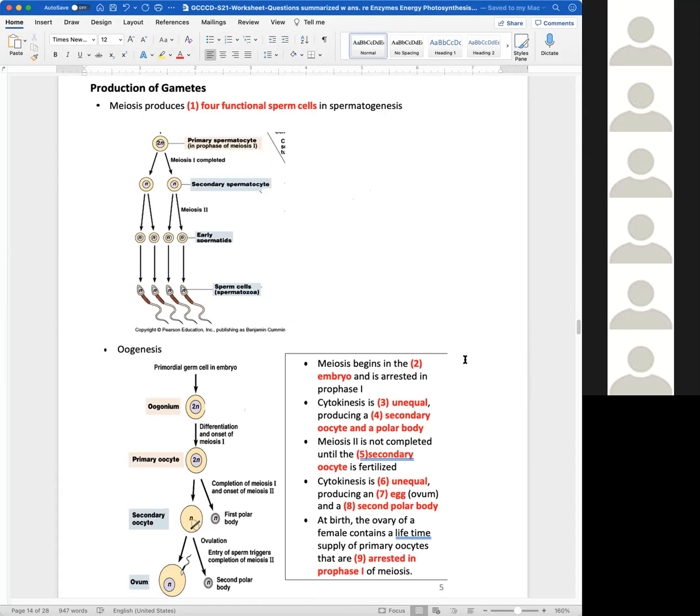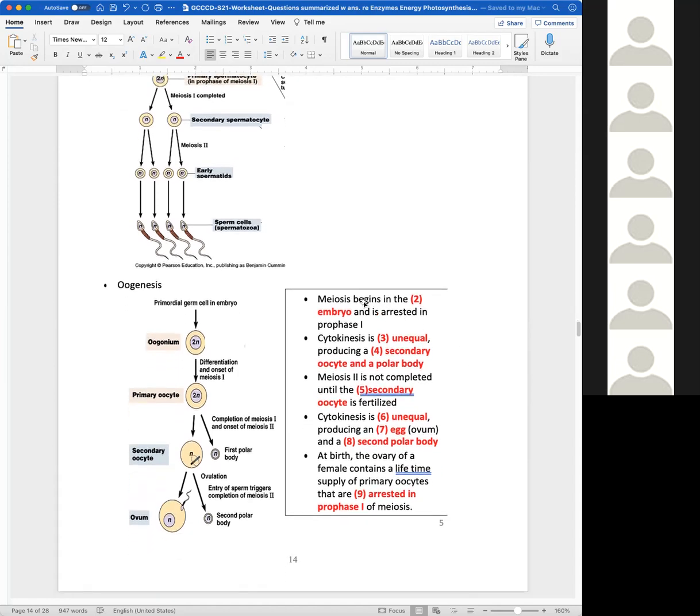In the case of oogenesis, meiosis begins in the embryo and is arrested in prophase 1. Cytokinesis is unequal, an unequal division of the cytoplasm, producing a secondary oocyte and a polar body. You see that illustrated here in this diagram.